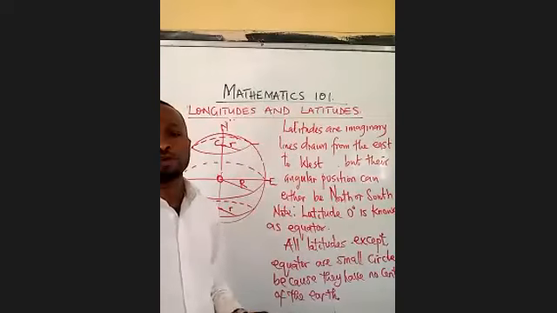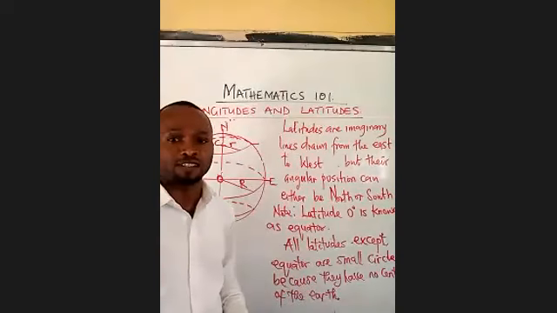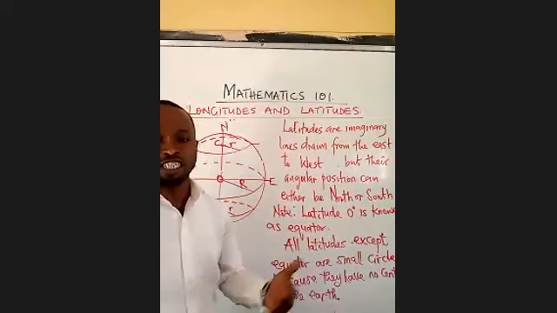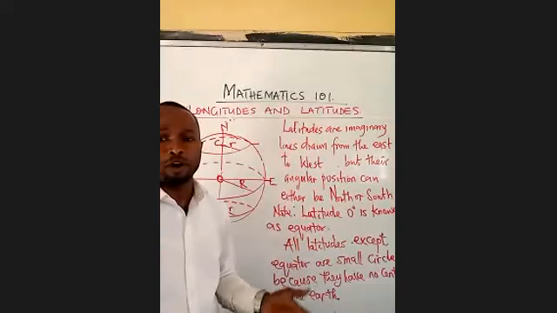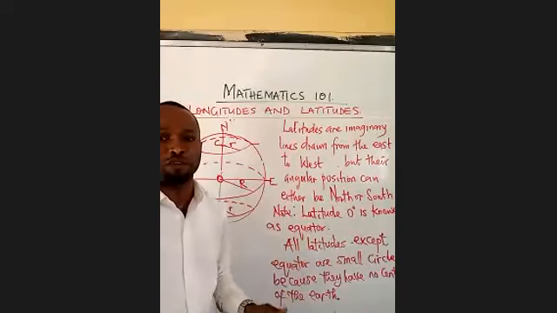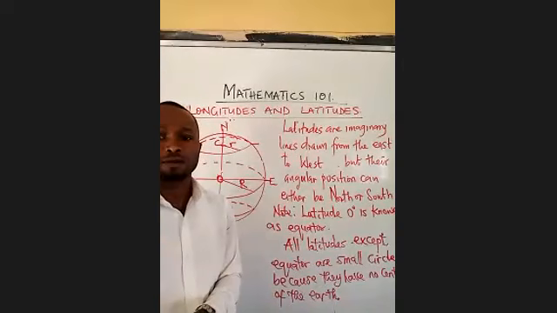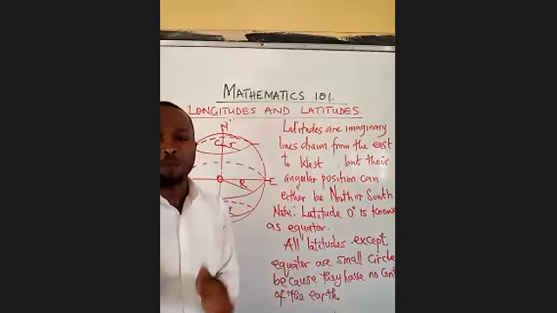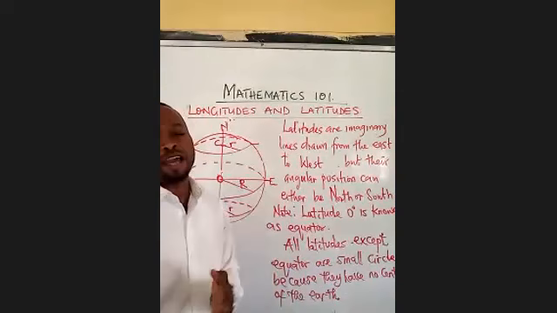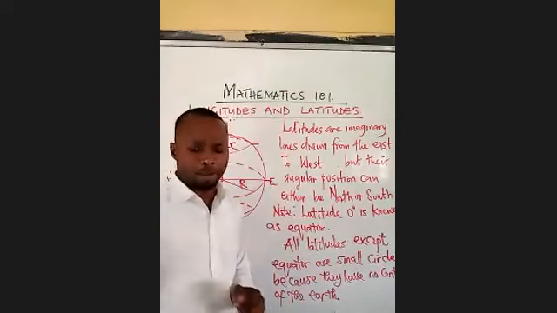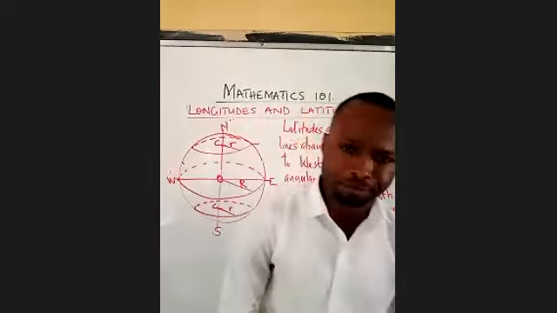So when you are given 66 degree north, it means it is what? It is latitude. How? Because you can see 66 degree north, telling you that the position is north. Right. So I hope you are following now. But let me ask you this question, class.